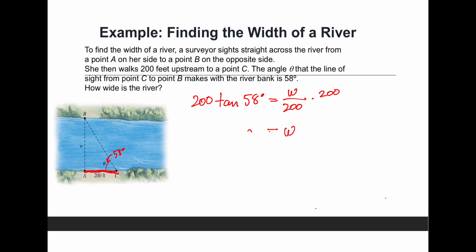We get W, the width is 200 times tangent of 58 degrees. Which is 320.1, and I'm assuming that's in feet. Yes, it is in feet. That would be the width of the river.